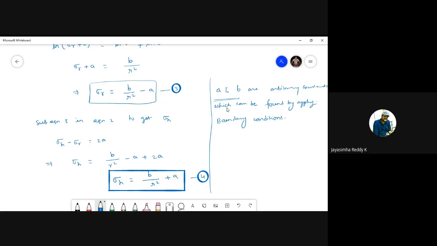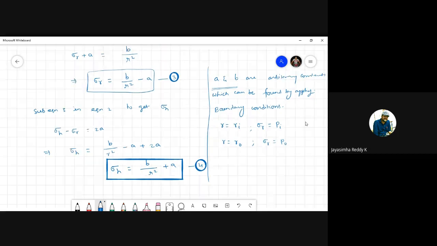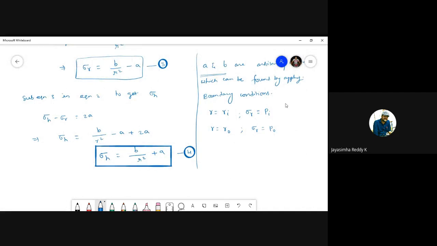So what are the boundary conditions, students? At r is equal to ri, we have sigma r is equal to pi. Similarly, at r is equal to r naught, we have sigma r is equal to p naught. Is it clear, students? I hope you got these boundary conditions also.